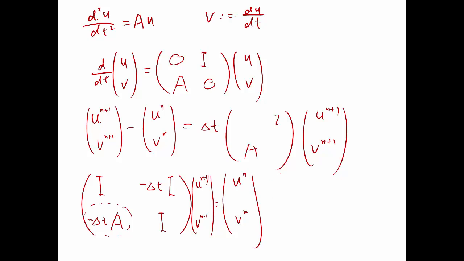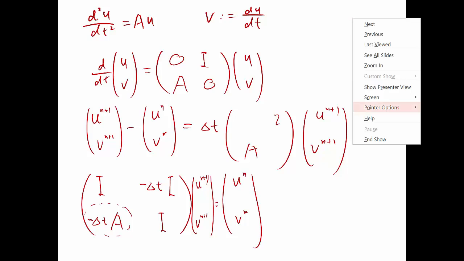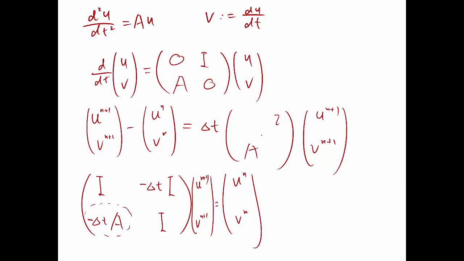So instead of solving this equation, we are looking to solve an equation that looks like this: identity, something, identity, 0 times the matrix we have on here. So basically we are multiplying both left and right hand side by this matrix.